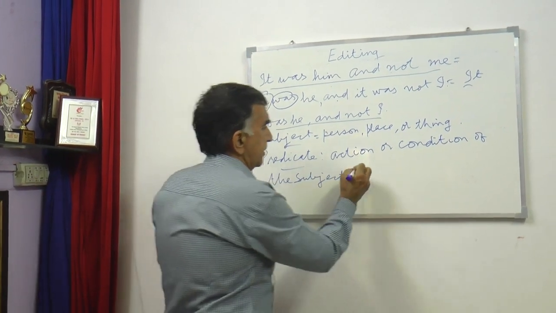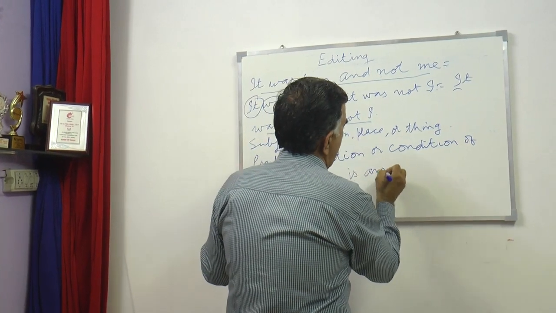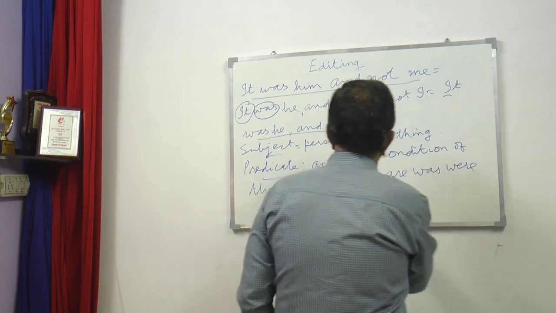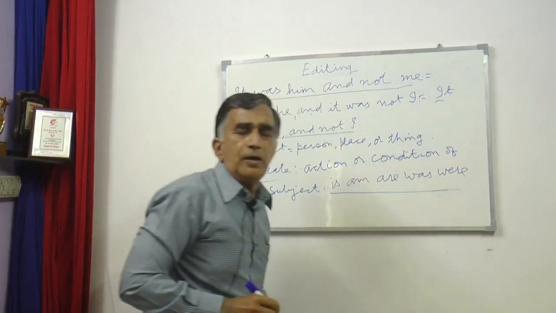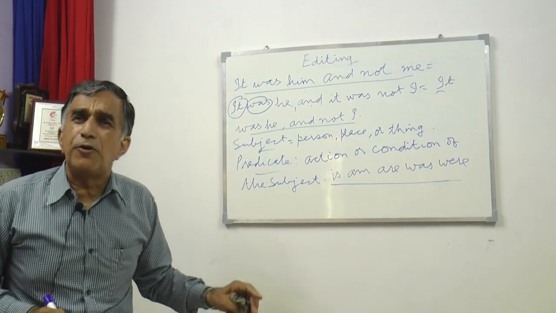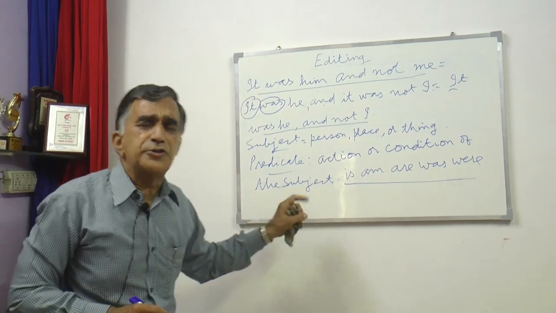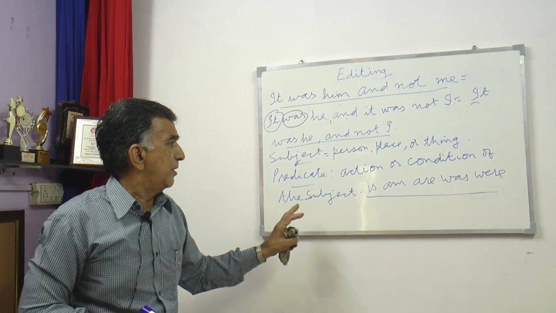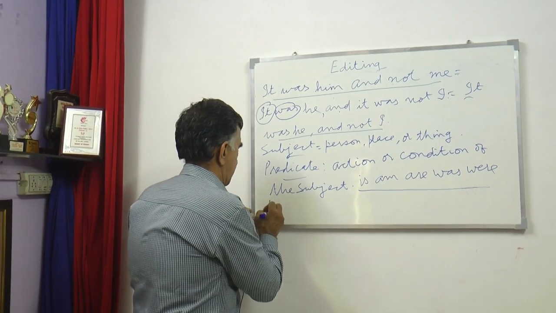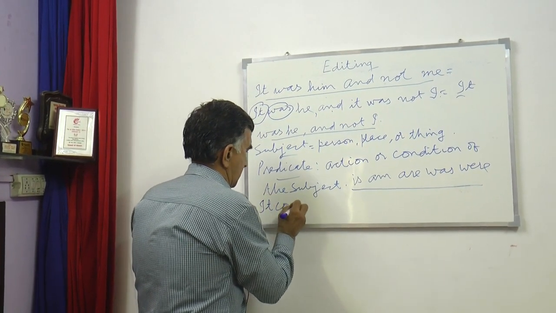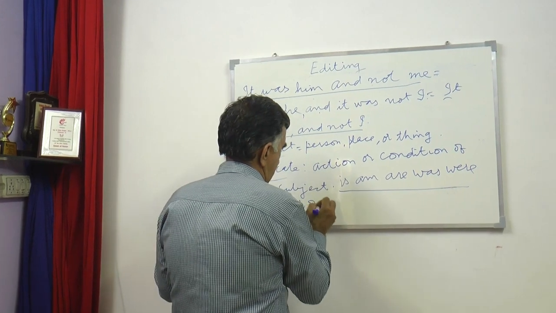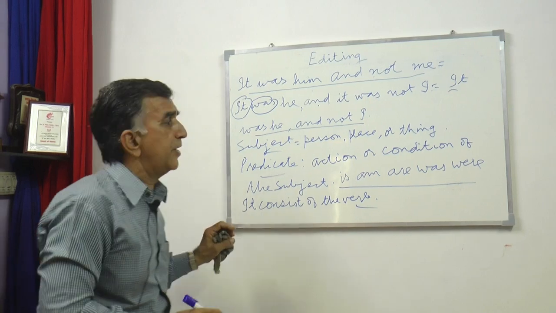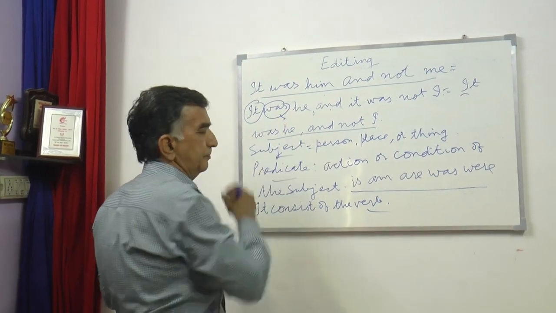We use is, am, are, was, were. We use these verbs for denoting the condition of the subject. Now, predicate consists of the verb. So, verb here is was.